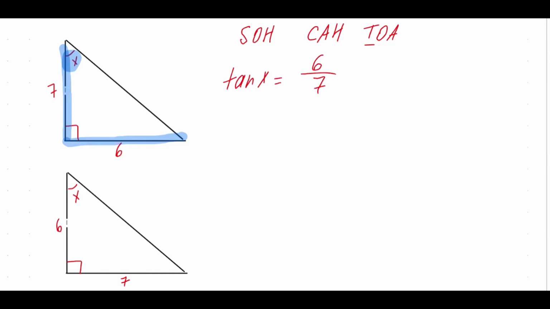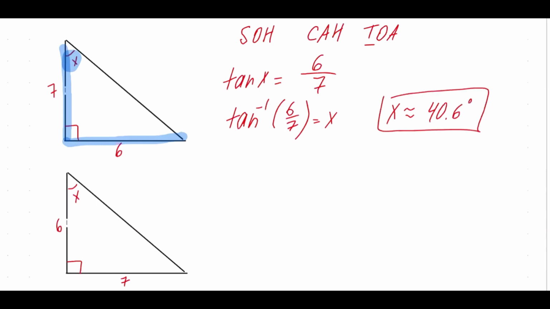For tangent, we also have an inverse operation, inverse tangent. Press shift tangent on your calculator, and it should give you around 40.6 degrees. Now, what if we have the numbers in a different order? So 7 is the opposite leg and 6 is the adjacent leg.